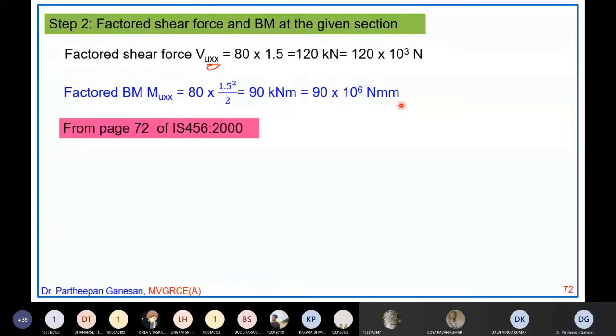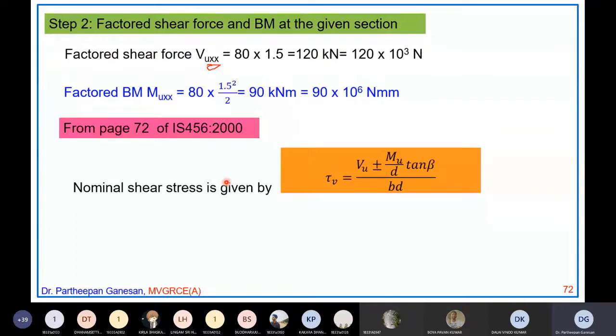Okay. So now from page number 72 of IS 456:2000, if it is a tapered section, the nominal shear stress tau V is given by Vu plus or minus Mu by d into tan beta divided by bd. We will not use Vu, we will be using Vu,xx and Mu,xx, because it is not the maximum value.